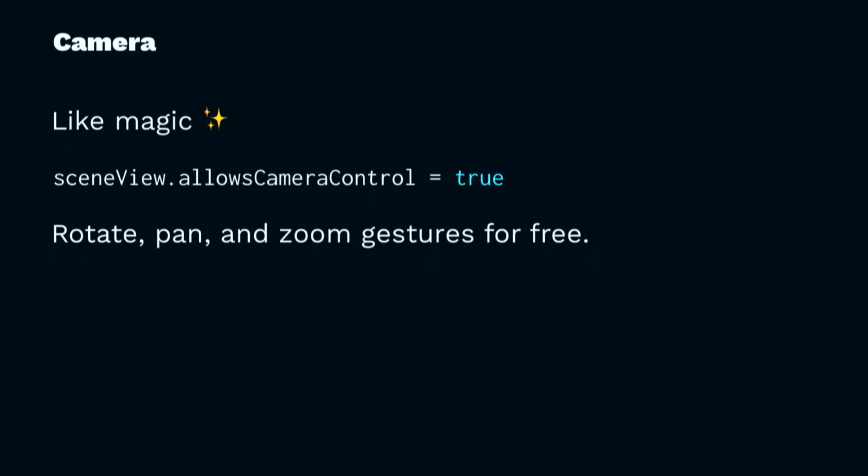There's a bunch of math involved there that you probably don't want to be doing for this common set of functionalities that most people would want. So Apple thought of this, and they just gave you a simple property that you can enable. You set allowsCameraControl to true, and you get all of the basic multi-touch camera control for free. Now, if you want to do something more complicated, like pointing the camera at a specific angle in the scene, then you need to mess with camera nodes, and you have to do some math, and that gets more complicated. But for this use case, this is all I had to do, and it just worked.